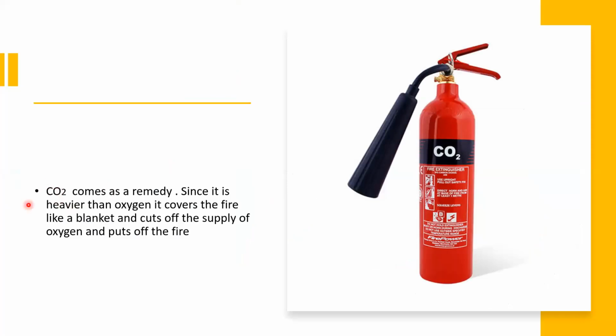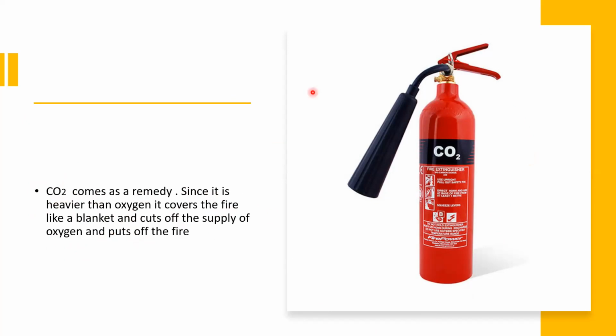Yes, children, you have studied about carbon dioxide gas. And this is one of the very positive aspects of carbon dioxide gas. Since carbon dioxide gas is heavier than oxygen, it covers the fire like a blanket and cuts off the supply of oxygen and puts off the fire. This is the picture of a fire extinguisher.